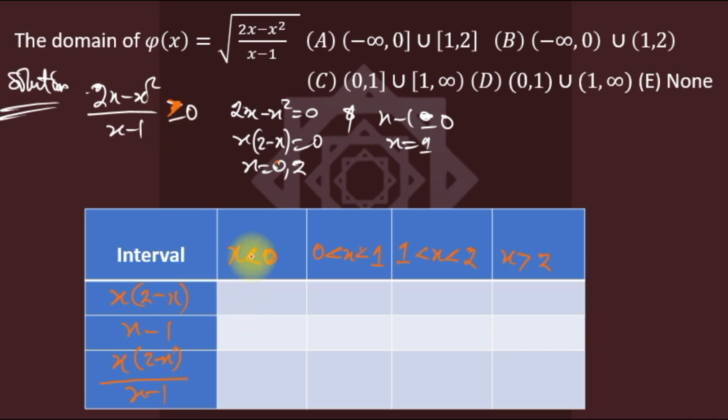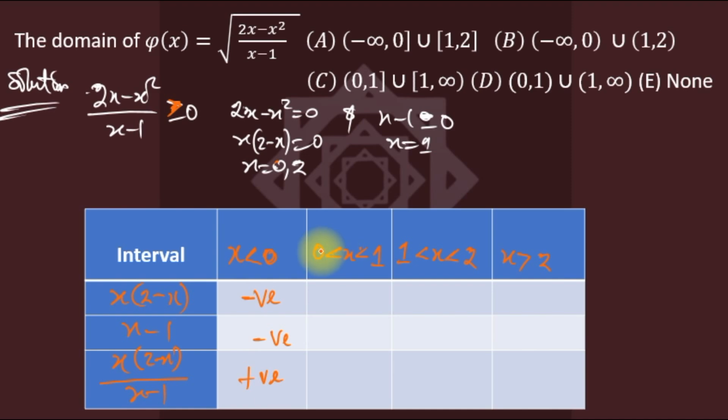For numbers less than 0, take minus 1. Here minus 1 is negative, and 2 minus x will be positive. Negative times positive is negative. For the denominator, minus 1 is negative. Negative divided by negative is positive.